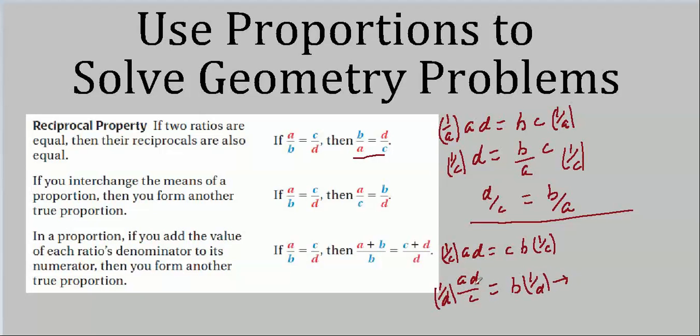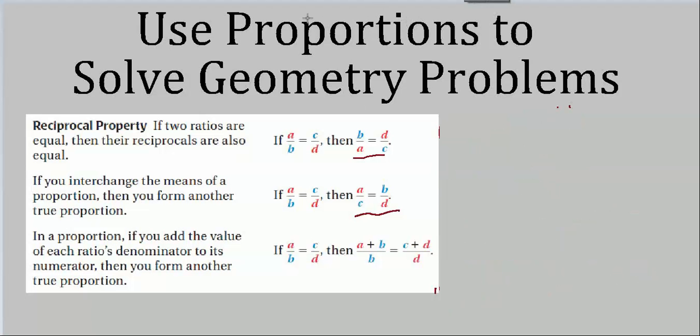And what do we get? Of course, a over c equals b over d, which is the statement right here. So these are both fairly easy to derive from the very first property we had, which was our cross product. The product of the extremes equals the product of the means.